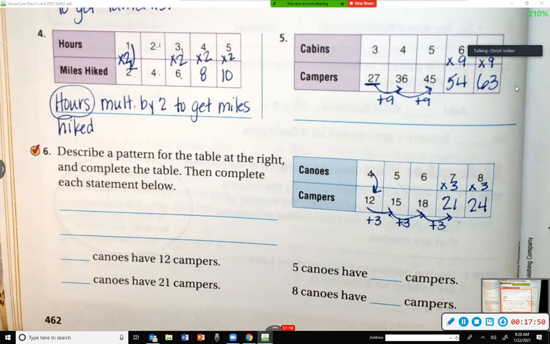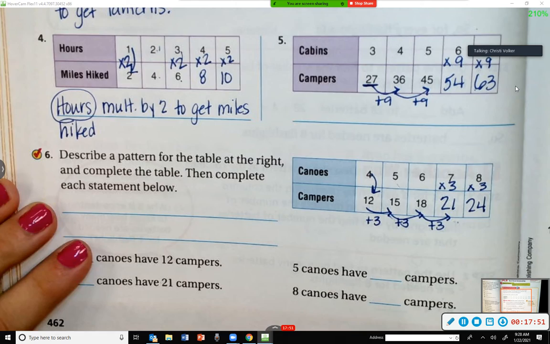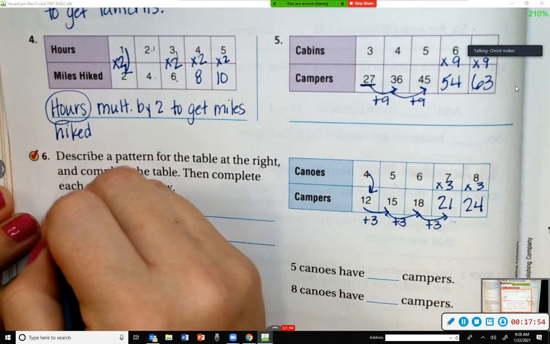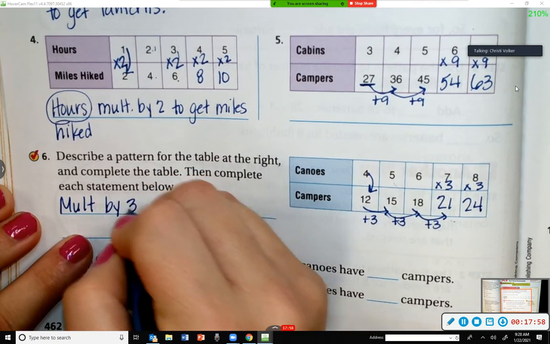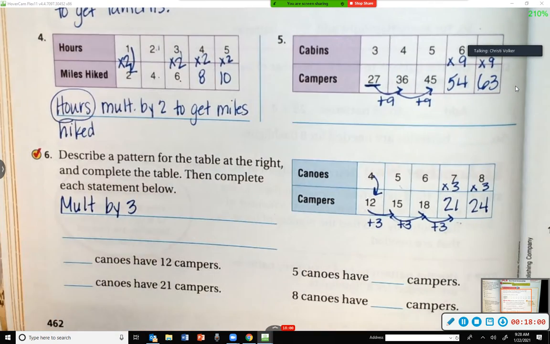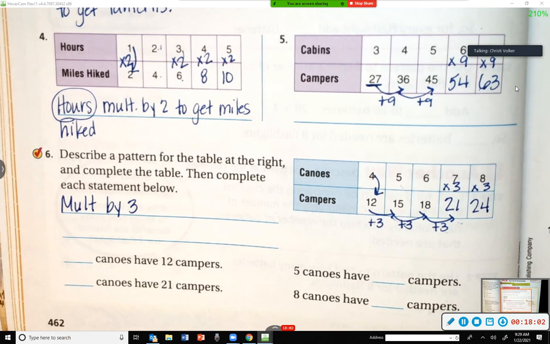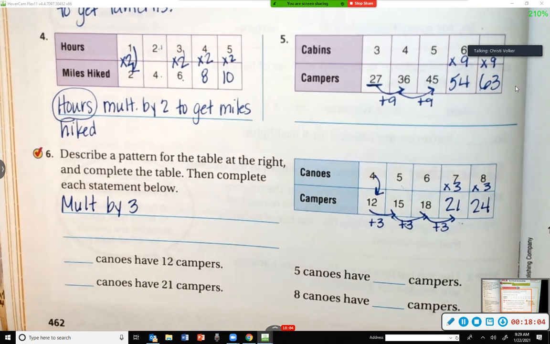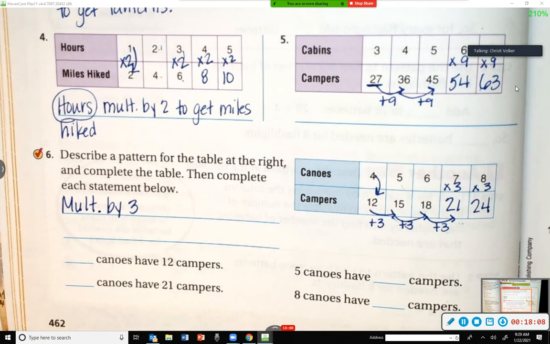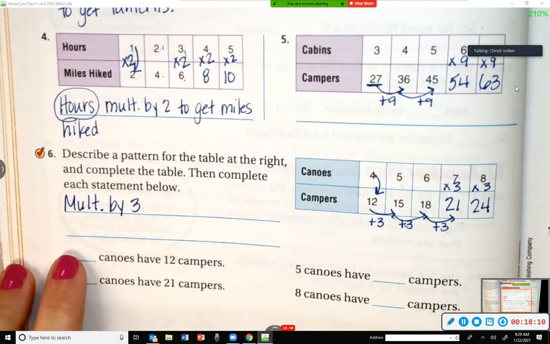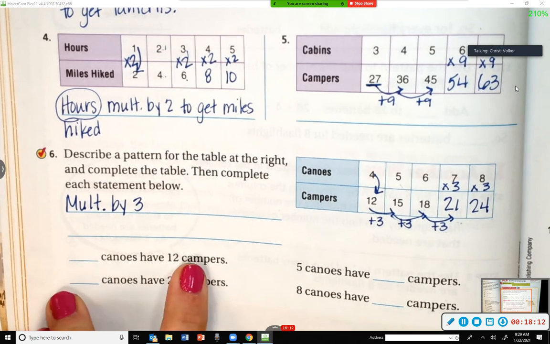Okay. So now we have it all figured out. We know the pattern is multiply by 3. And I'm just going to keep it simple this time. We're not going to write the whole thing with the canoes and campers. Multiply by 3.